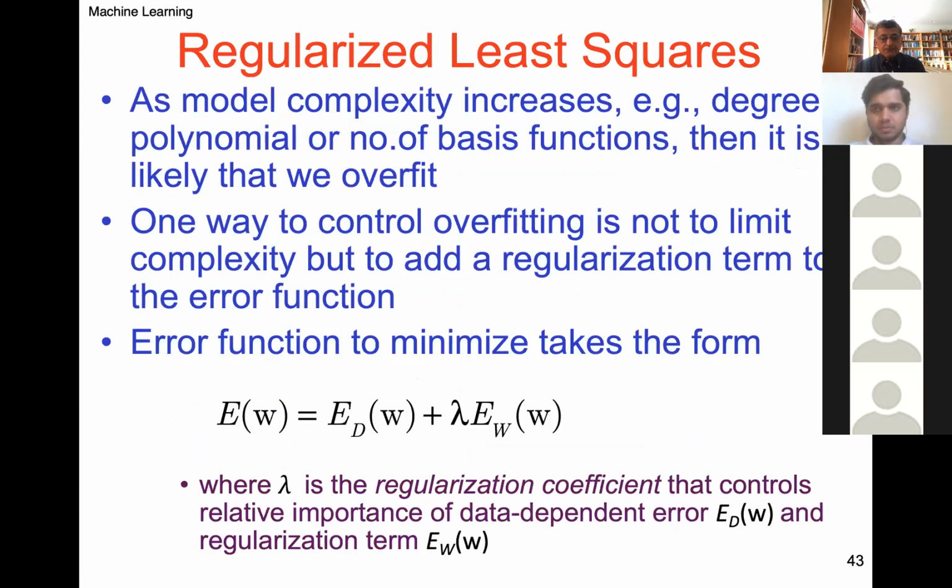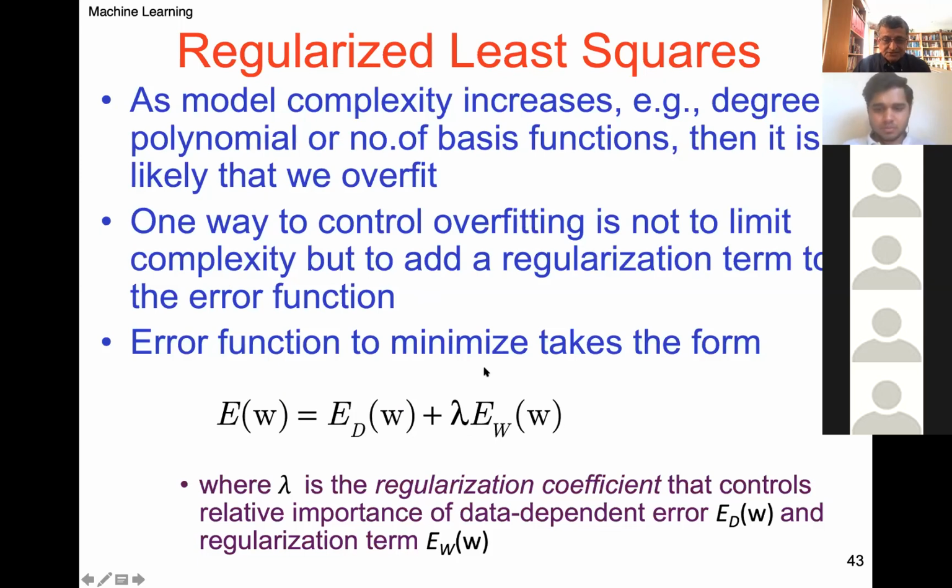The error function also takes the form of a regularized error function. In this case, E of W, the amount of error or loss encountered with W, is one term due to the data, E_D of W, and the other is E_W of W, which is the weight term associated with the particular W you've chosen, with a lambda multiplying it.